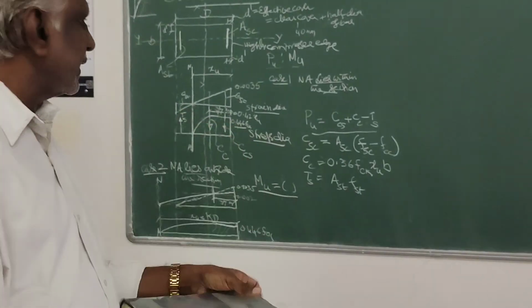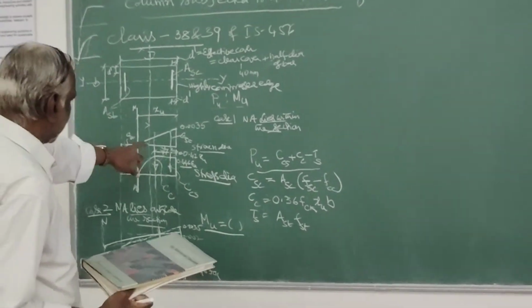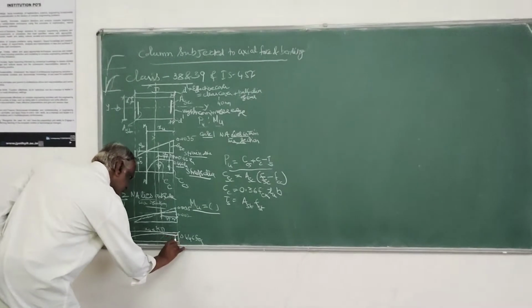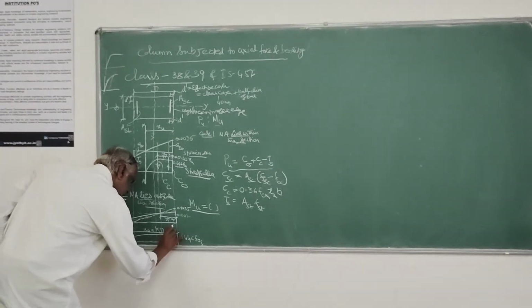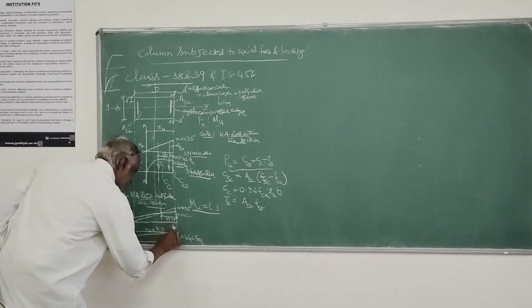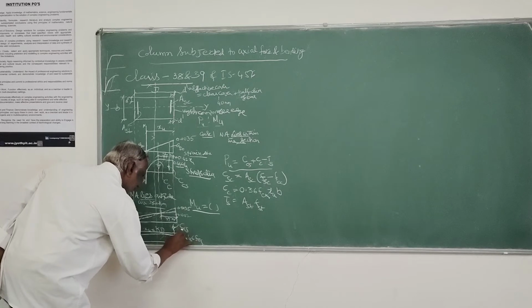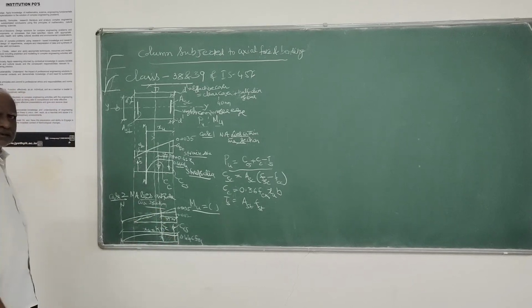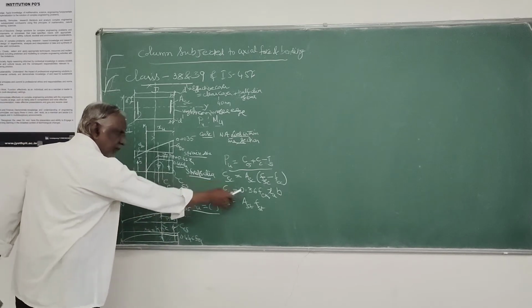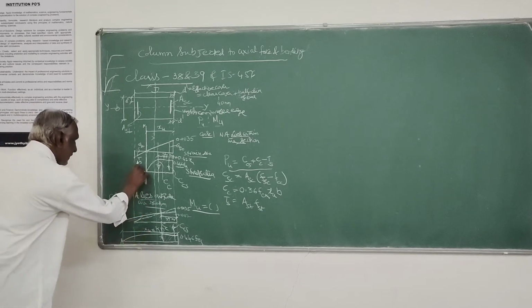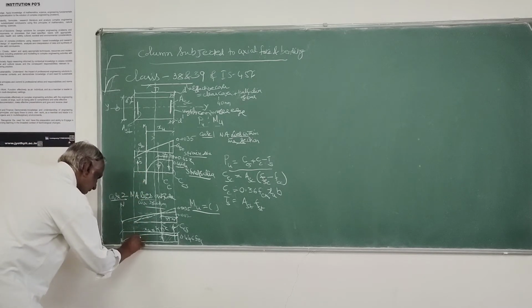And again here, as I did in this particular case, you can find out the stress or force, the compressive force here, that is CS, and the compressive force in concrete, that is CC. CC you can again work out from this kind of formula only, and this tensile force is here.